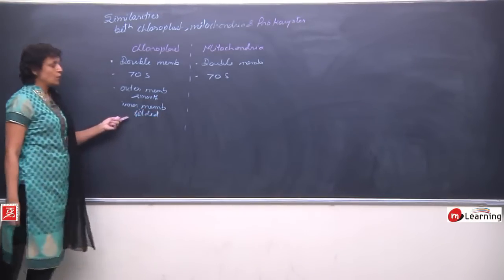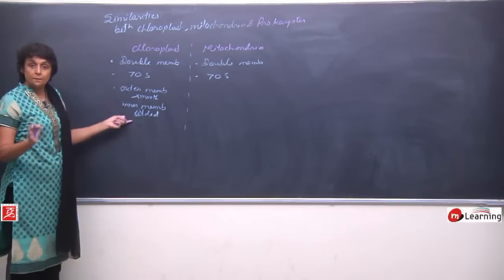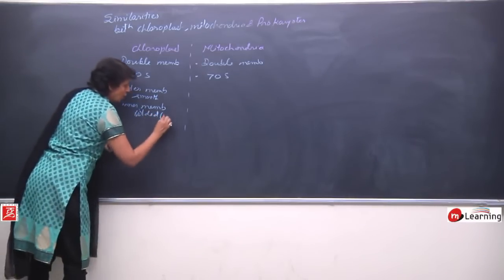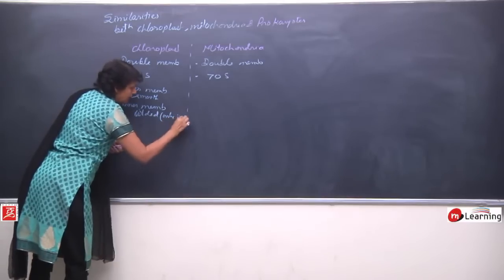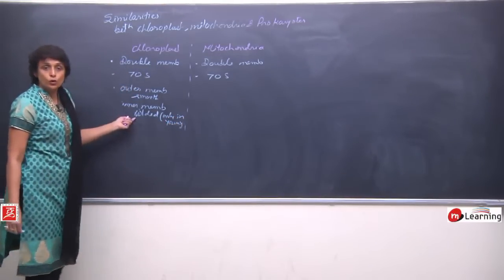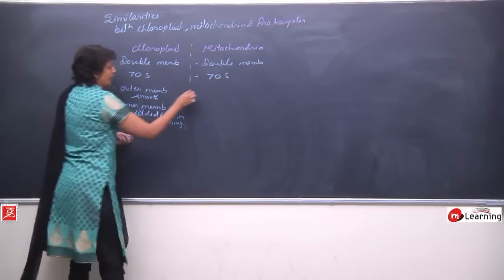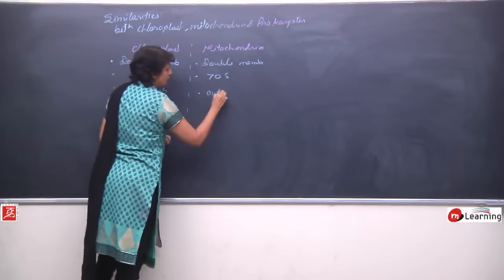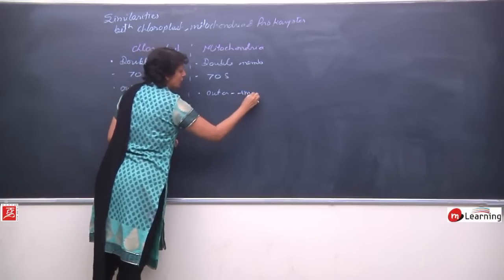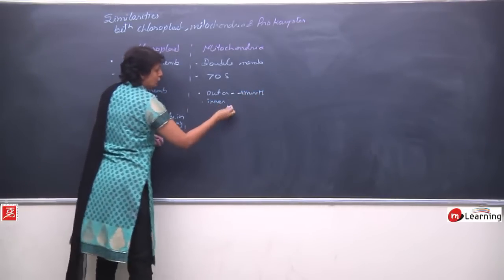In case of chloroplast, those folds disappear in mature, so I am writing only in young, because we would not see these folds of the inner membrane in a mature chloroplast. In case of mitochondria, outer smooth and inner folded.